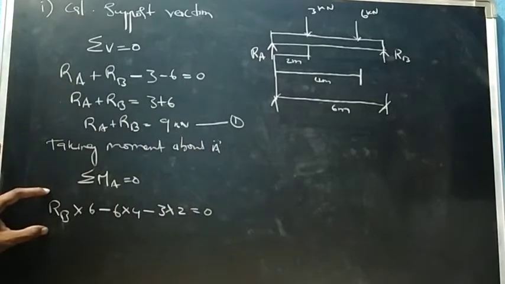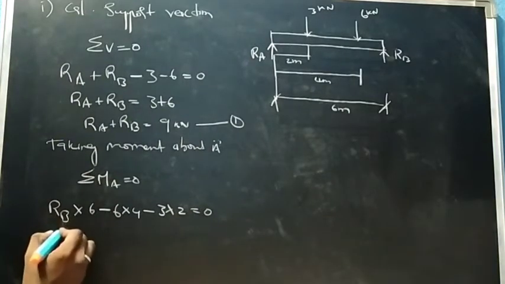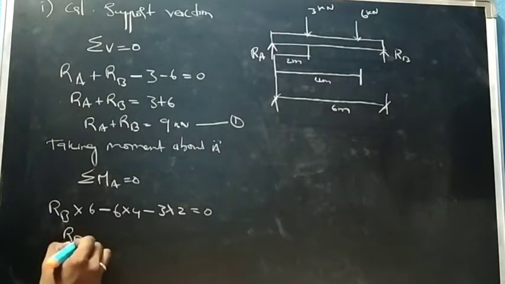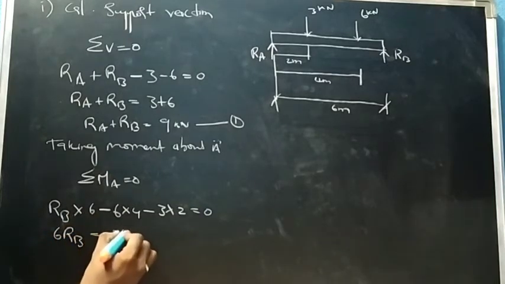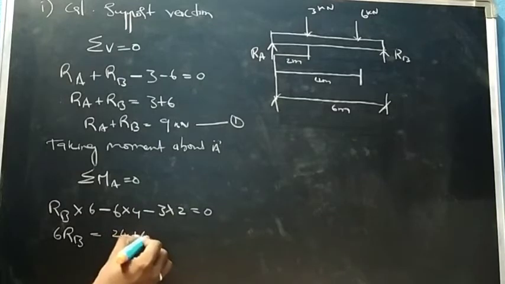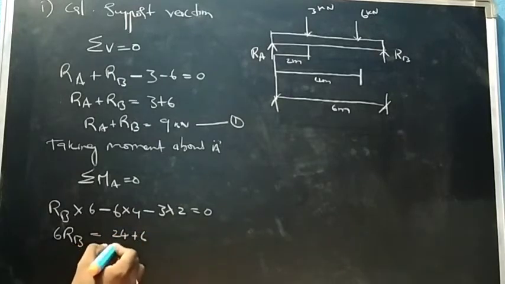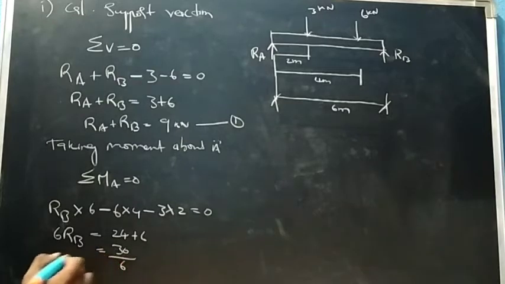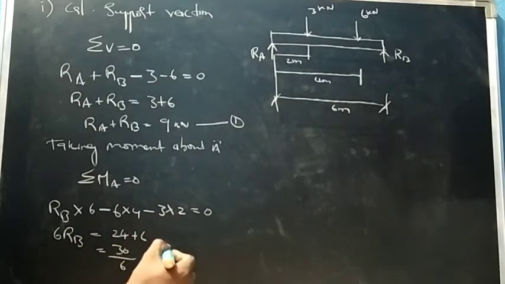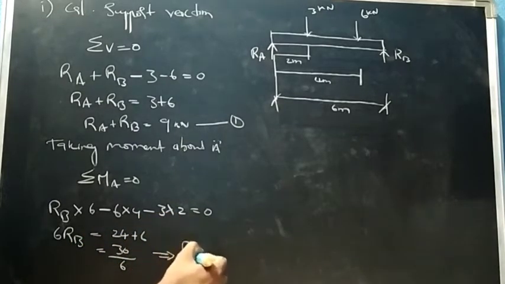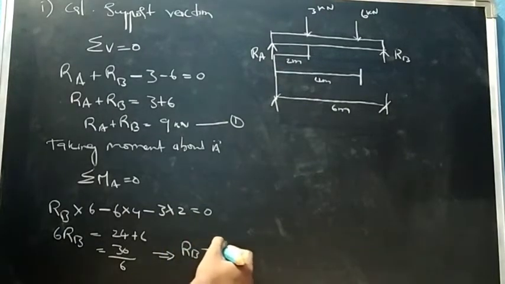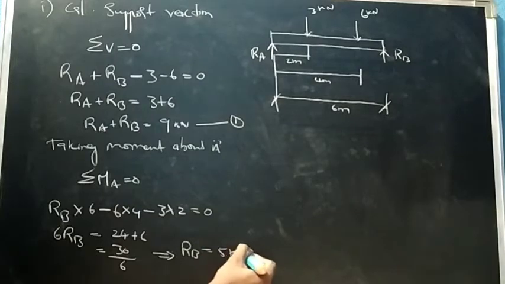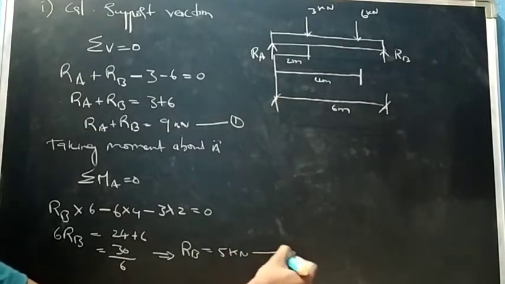From this we can find out RB. So 6 RB equals to 24 plus 6, right. So that will be 30 divided by 6. So we got it, RB equals to 5 kilonewton. So let's say equation 2.